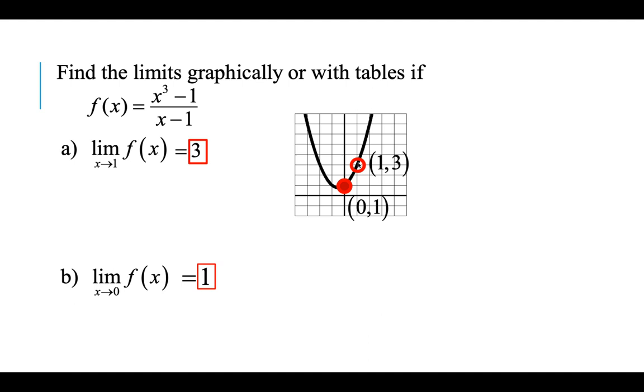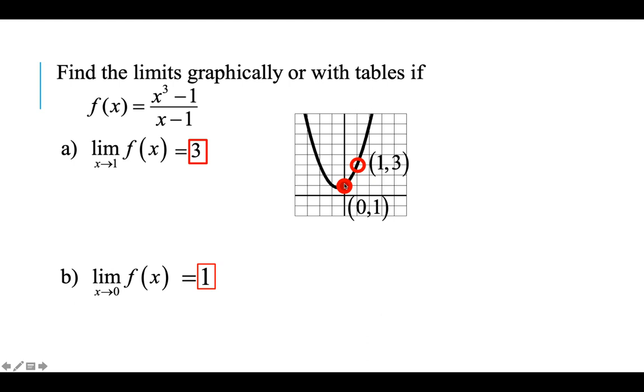What about for x equals 0? Let's look at what happens when we're a little bit to the left of 0. We map up onto our function, and the y values are approaching 1. And a little bit to the right of 0, if we map up and approach from the right, those are approaching 1.